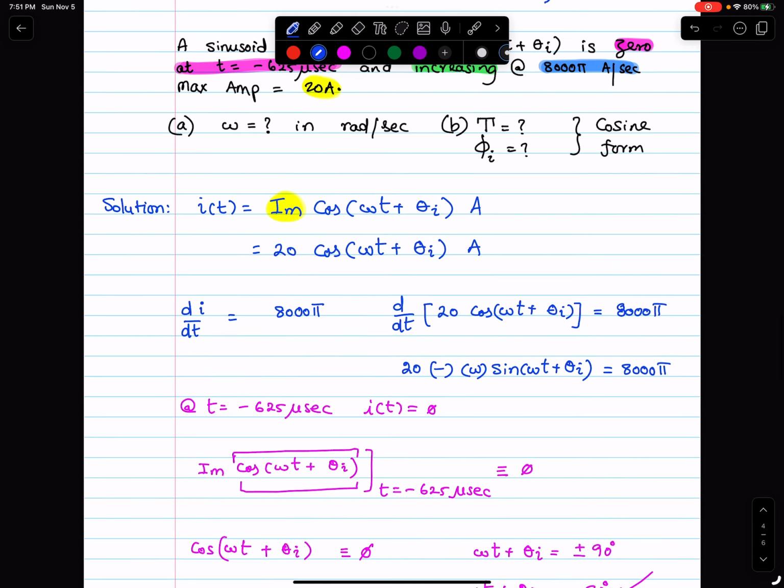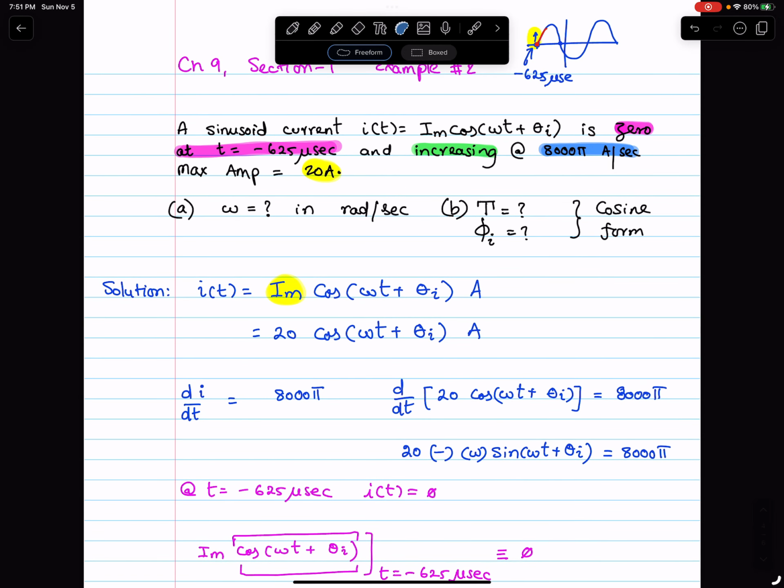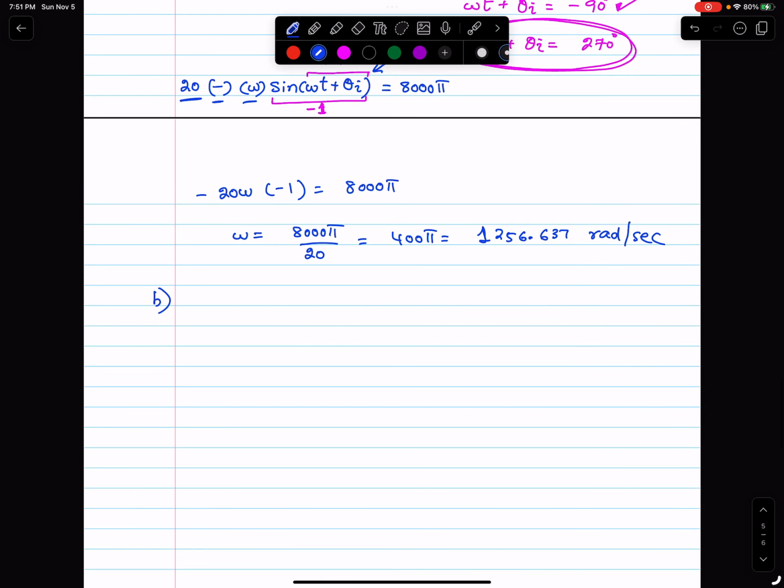The next problem is, what is the time period? Time period is easy to calculate. Time period is simply 1 over frequency. Since 2 pi f is omega, f is omega by 2 pi, so that equals 1 over omega by 2 pi, which is 2 pi by omega.